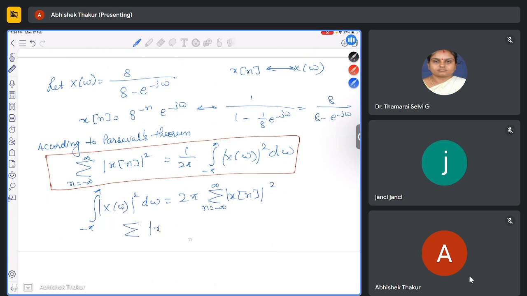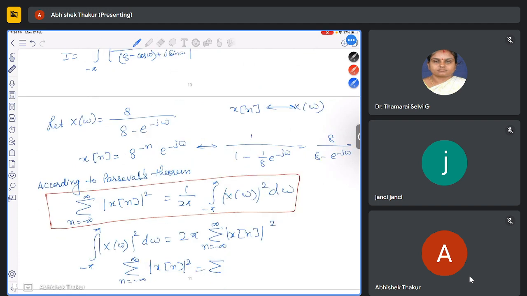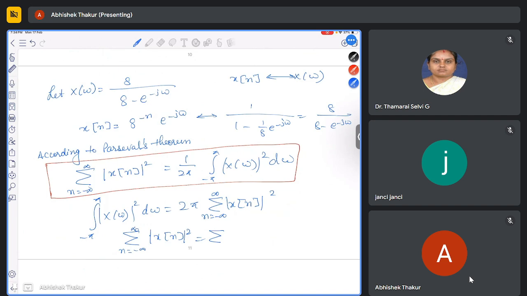Now summation of mod of xn square is equal to summation of, so our xn square is 1 by 64 to the power of n. So this will be 64 by 63.